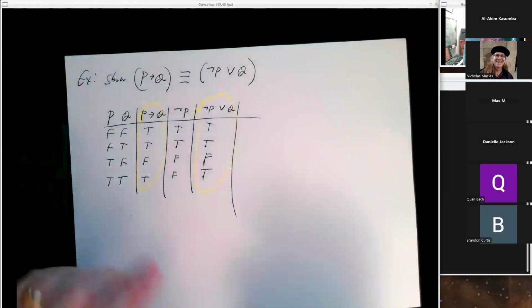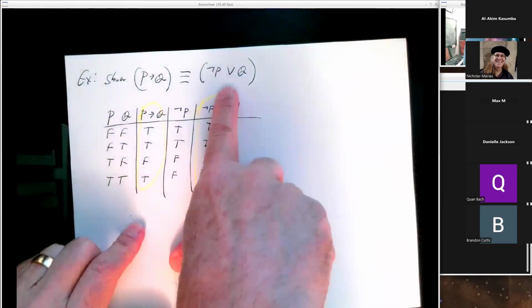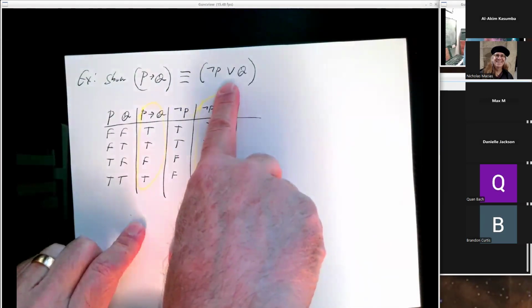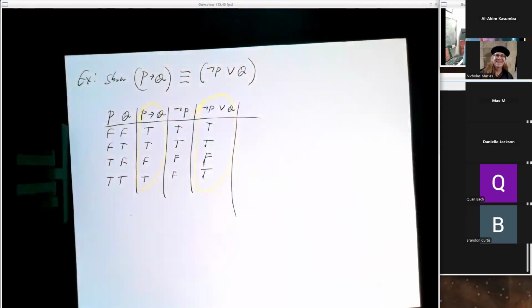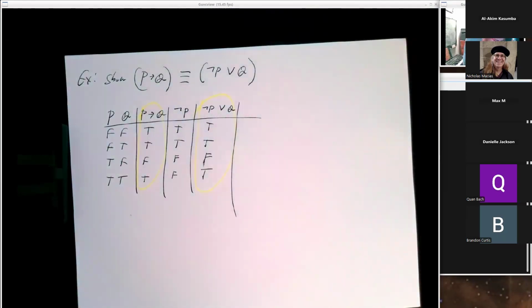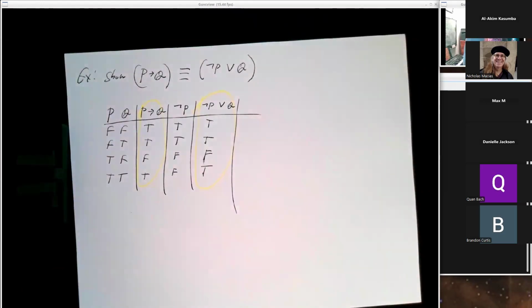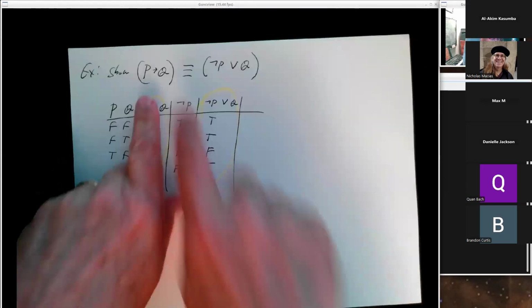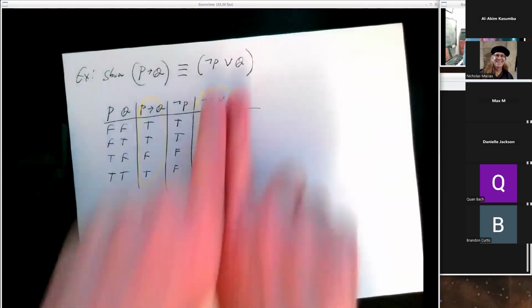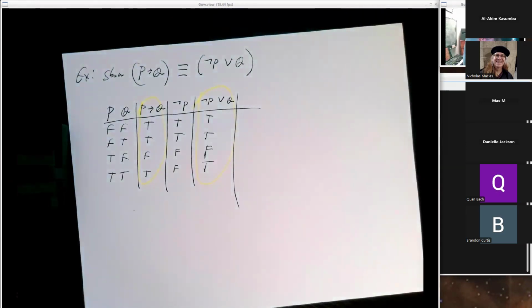And that's our definition of saying that this proposition is equivalent to that proposition. It means they're both true or they're both false. So that's a mechanical way to use a truth table to prove that this is logically equivalent to that. And we can do that with all kinds of things.